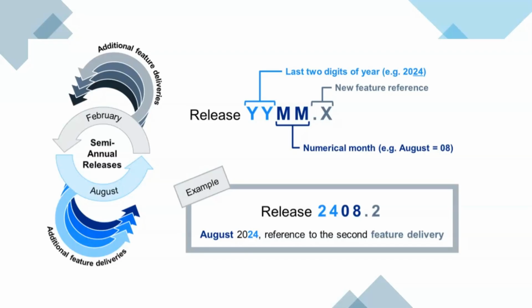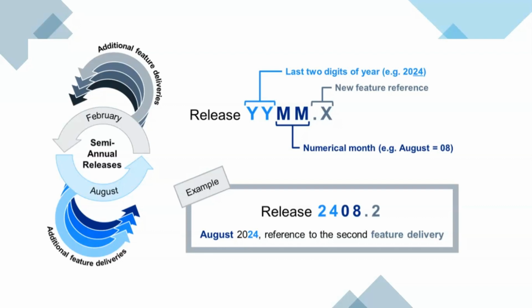However, customers who want as little disruption as possible between the major releases can simply ignore these smaller features, because they will be turned on at the next major release anyway without the customers needing to take any action.